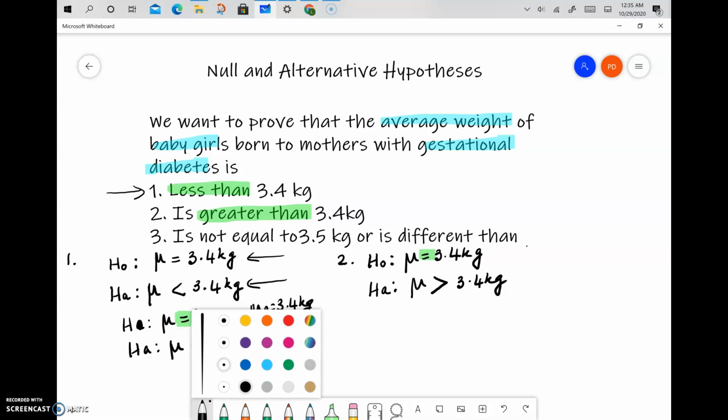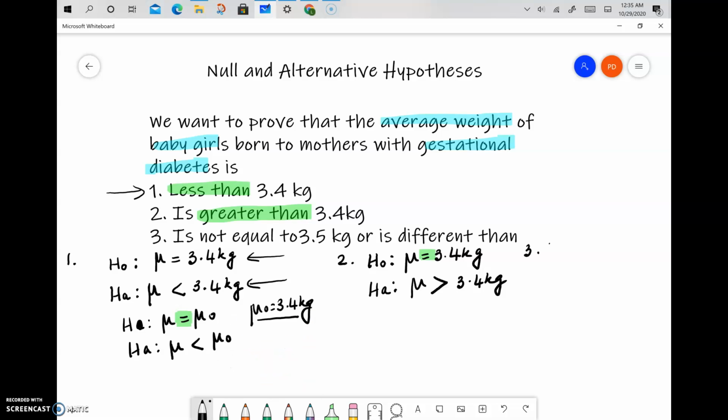Now the last one is H0, again the null hypothesis. The alternative hypothesis HA says mu is not equal to, okay, so that's pretty clear. Mu is not equal to 3.4 kilograms.